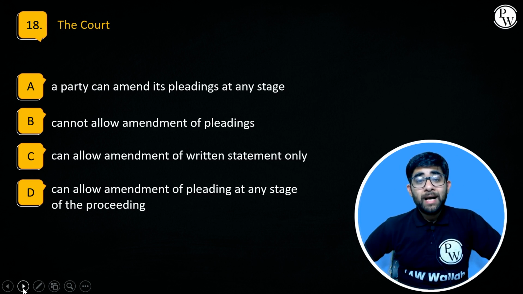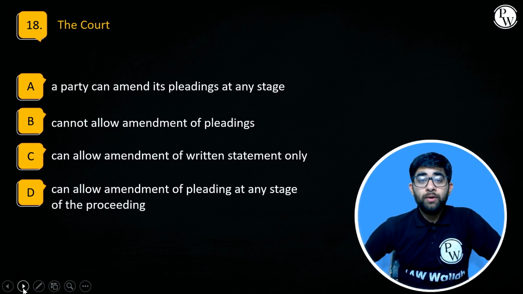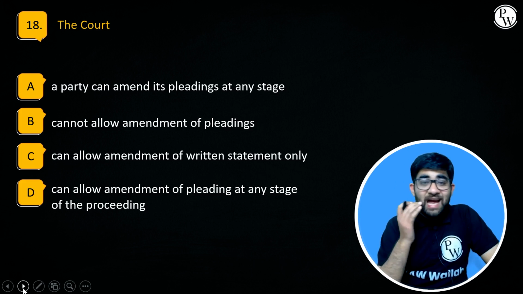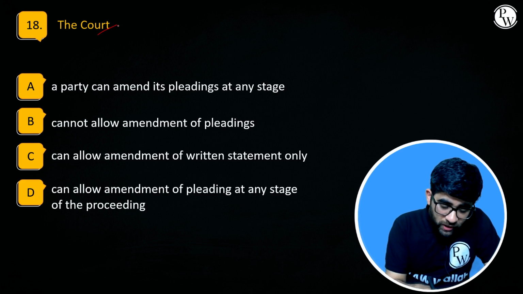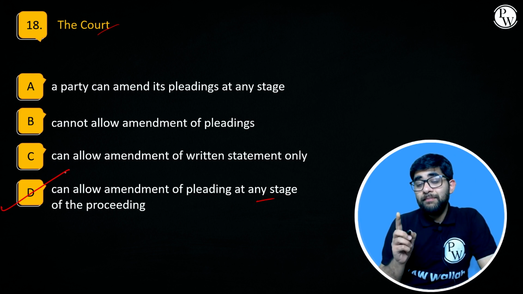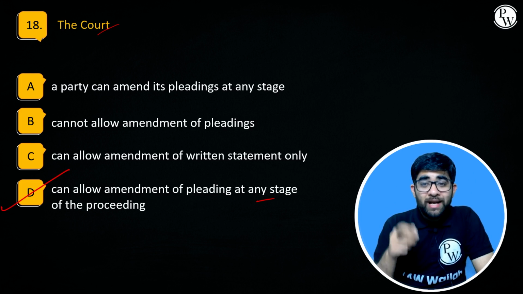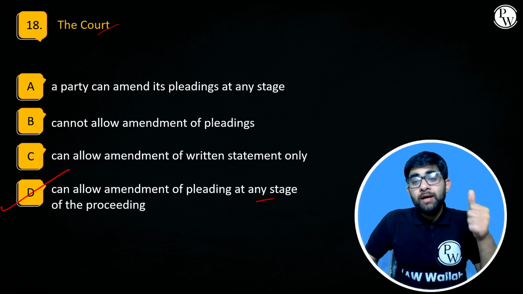A party can amend its pleading at any stage, the court cannot allow amendment, the court cannot allow amendment of pleadings, the court can allow amendment of written statement only, or the court can allow amendment of pleading at any stage of the proceeding. This is a very tricky situation. The correct answer is that the court can allow amendment of pleading at any stage of the proceeding. Why? Because the party has the right to state what the dispute is before the court. But the court will first consider why it was not told earlier.